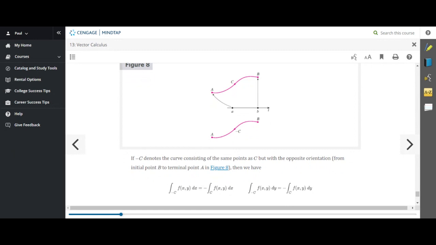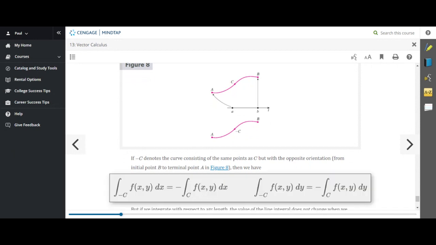Effectively, if you were to compute a line integral for the first path and then a line integral for the second path, you're moving along the same path but in the opposite direction, and the line integral reflects that.